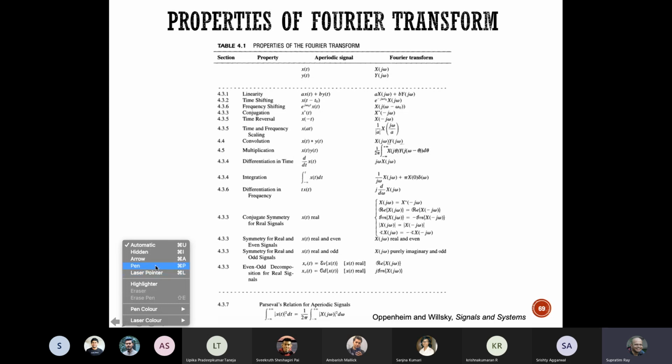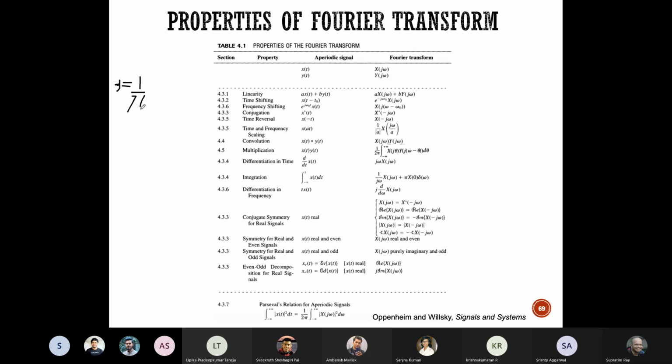So that means that if I've got 76 trials and my ERP y is just 1 by 76 of x1 plus x2 plus dot dot dot up to x76.